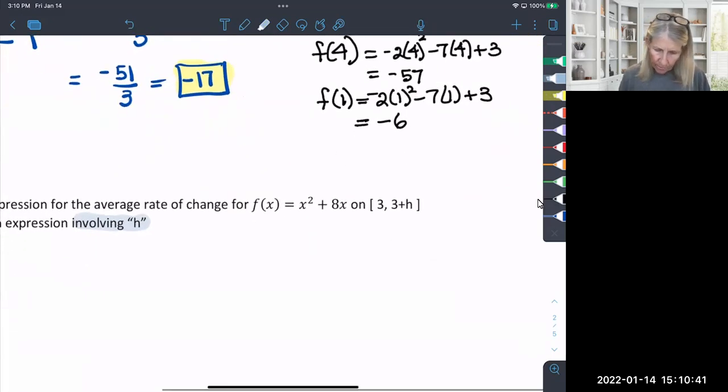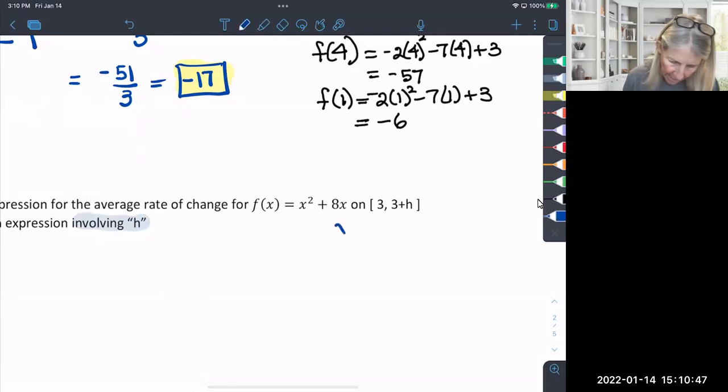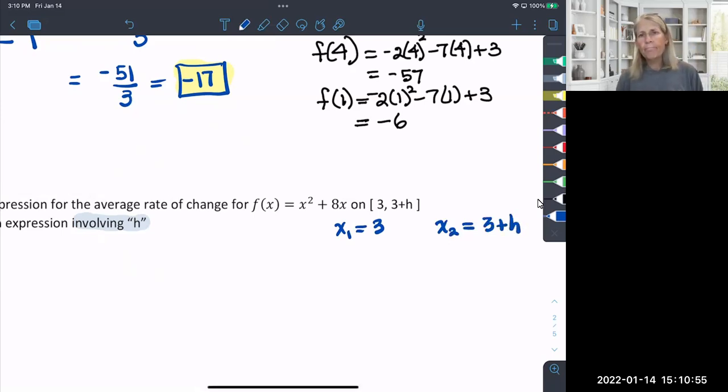So it says, get the average rate of change of this function. And again, remember when they give this interval, they're saying that x1 is 3 and x2 is 3 plus h.